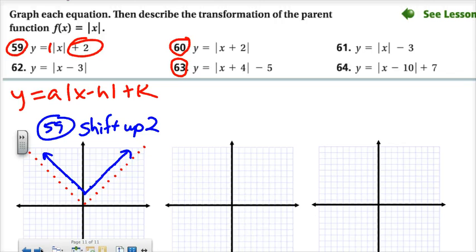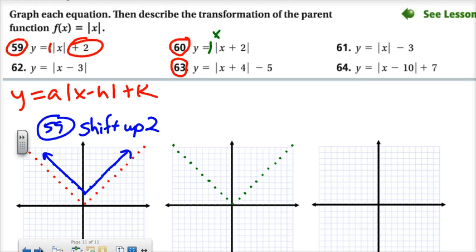Then for number 60, I again see the parent function without an h and k is just going to be y equals 1 absolute value of x. So that's still vertex at 0, 0, going through 1, 1, 2, 2, -1, 1, -2, 2, etc. First and third quadrant perfect diagonal.